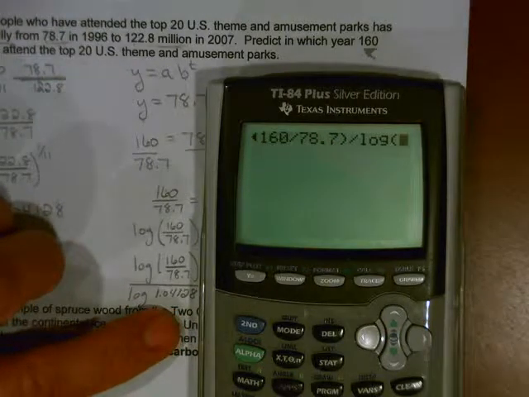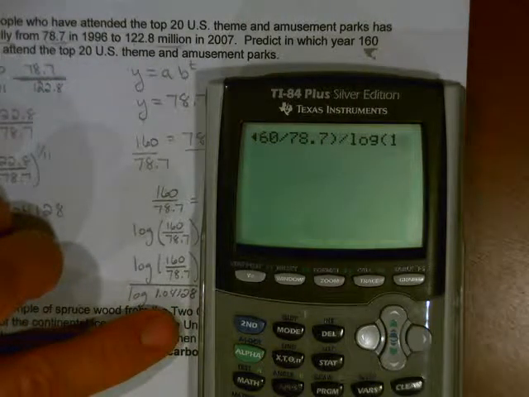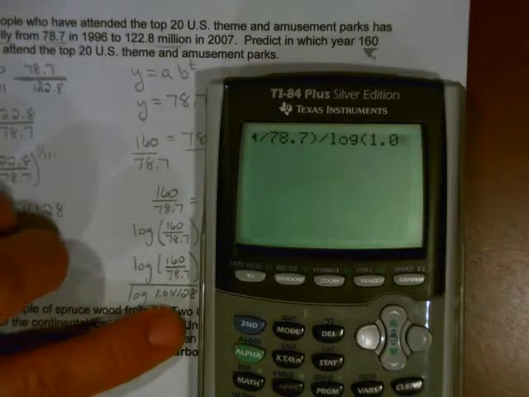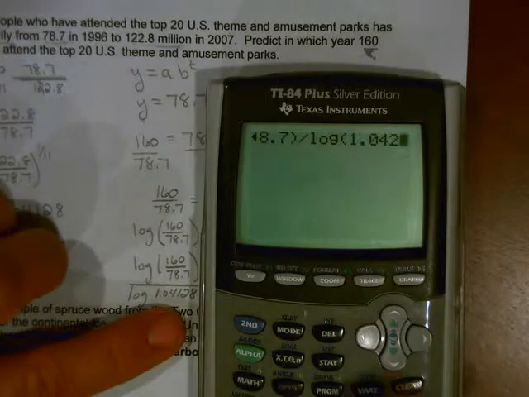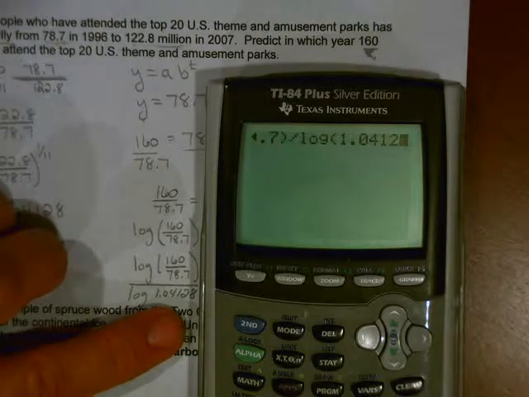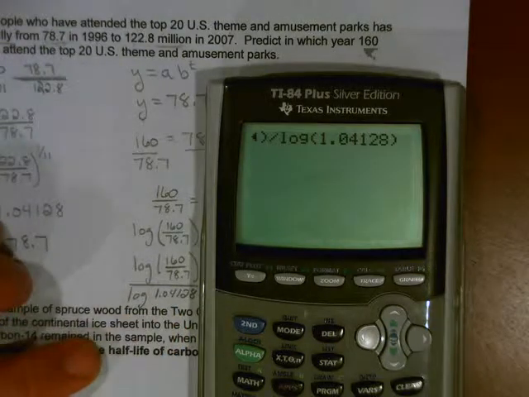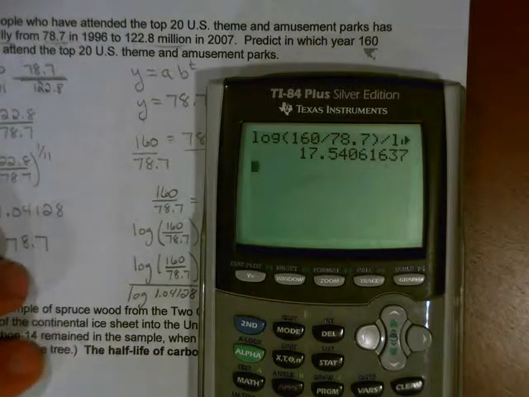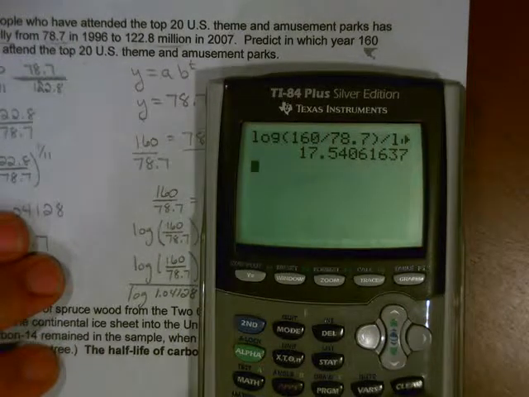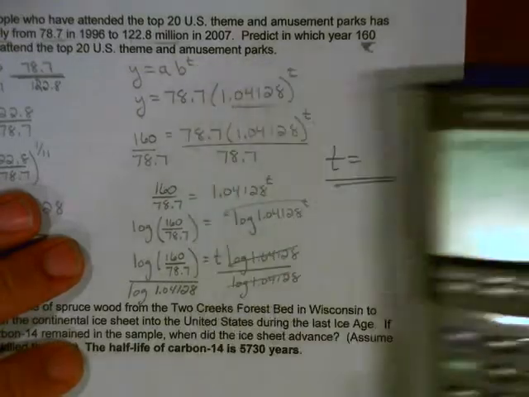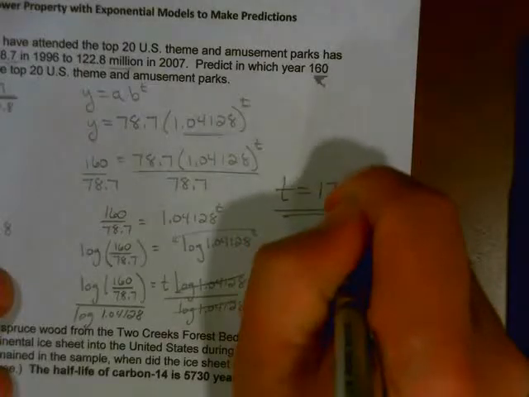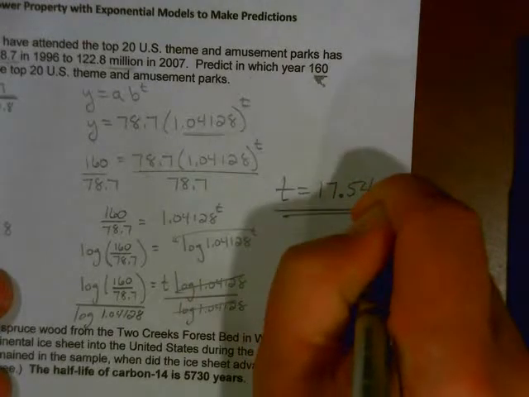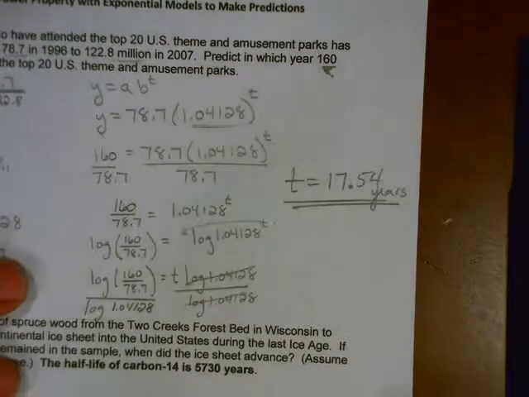Or if we don't, I'm not sure if we do, we can type in 1.04128. But just know as we type that in, that is a rounded number. You could be off a little bit, but roughly, if we round, it's going to be 17.54 years.